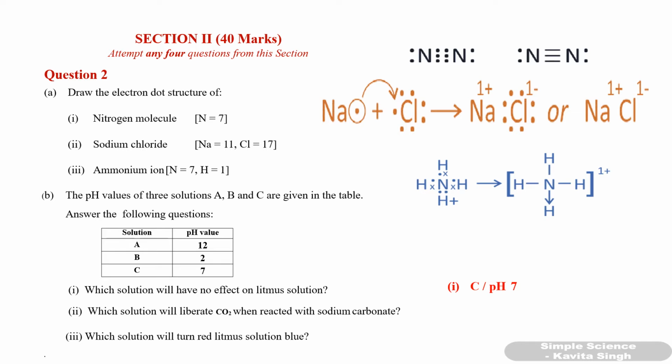It is liberating carbon dioxide, which means it should be acidic in nature. So B, which has pH 2. pH less than 7 is acidic, pH more than 7 is basic in nature. So this is the answer. Third one, which solution will turn red litmus blue? Red litmus turning blue means base. So it should have pH 12. So A is the answer.